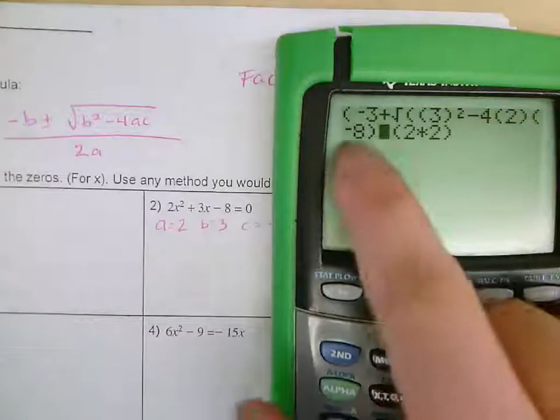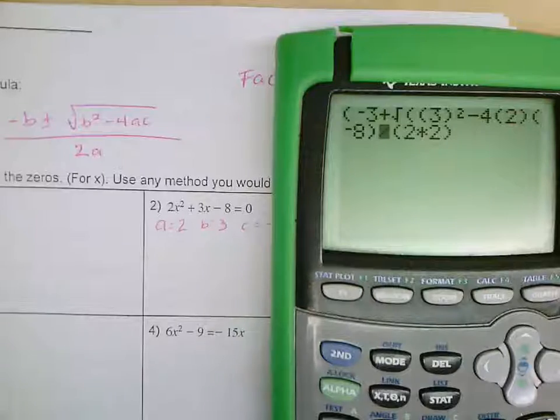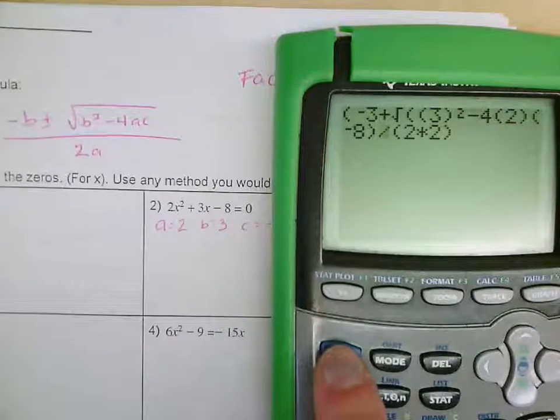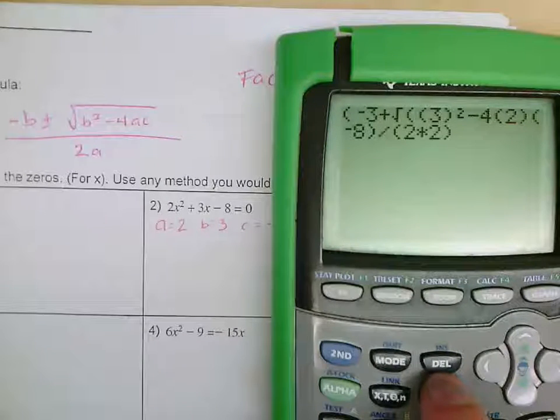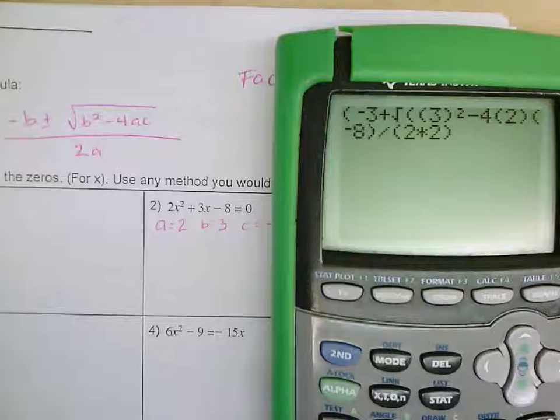And I'm actually going to need another parenthesis because I never closed this top parenthesis either. So what I need to do is insert something into this spot here. In order to do that and not have to retype everything, I'm going to press second and then the delete button, because right above that it says INS, or some calculators will say insert. That allows me to insert something here without deleting.